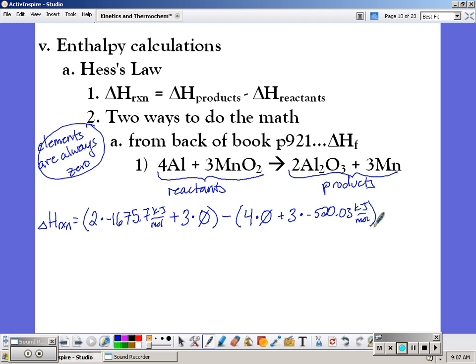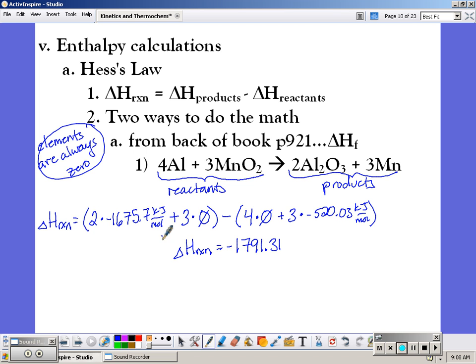And then all I have to do is plug that into my calculator. And so my heat of reaction is negative 1791.31. Sig figs, it's the fewest decimal places.